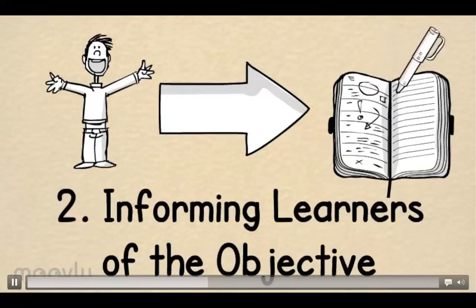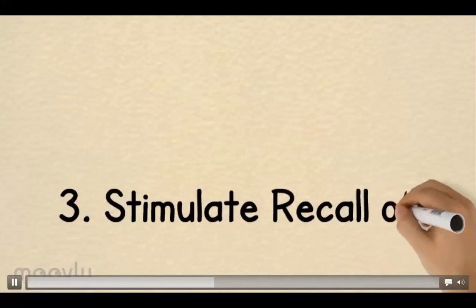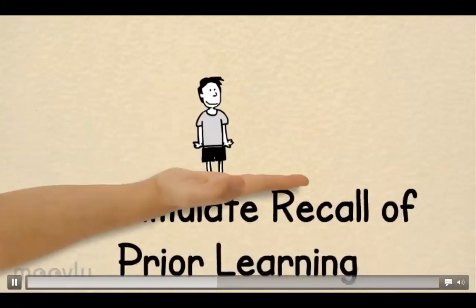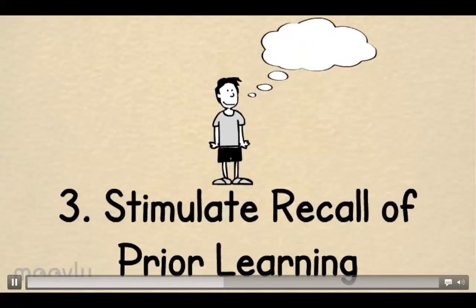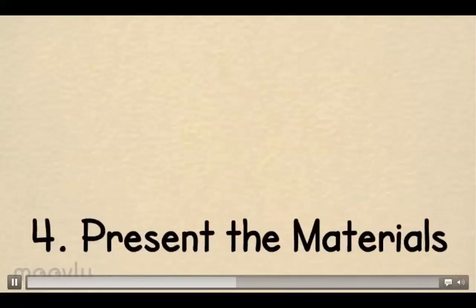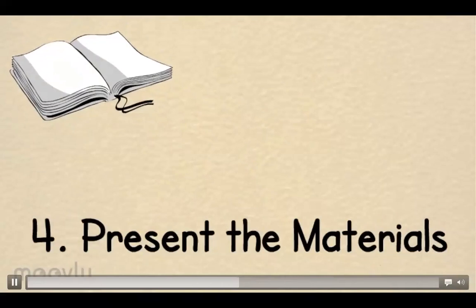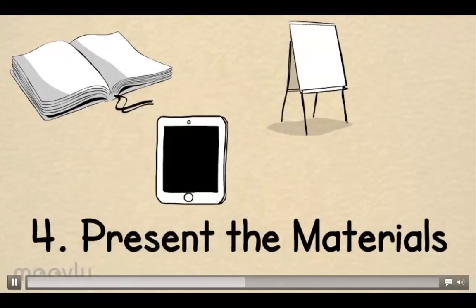An example of this is telling a class that they will be able to write narrative texts. The next step is to stimulate recall of prior knowledge. This is connecting what the learner is about to learn to what they already know. Presenting the materials is the next step. This involves presenting content across a range of different modes, so as to best engage the learner.